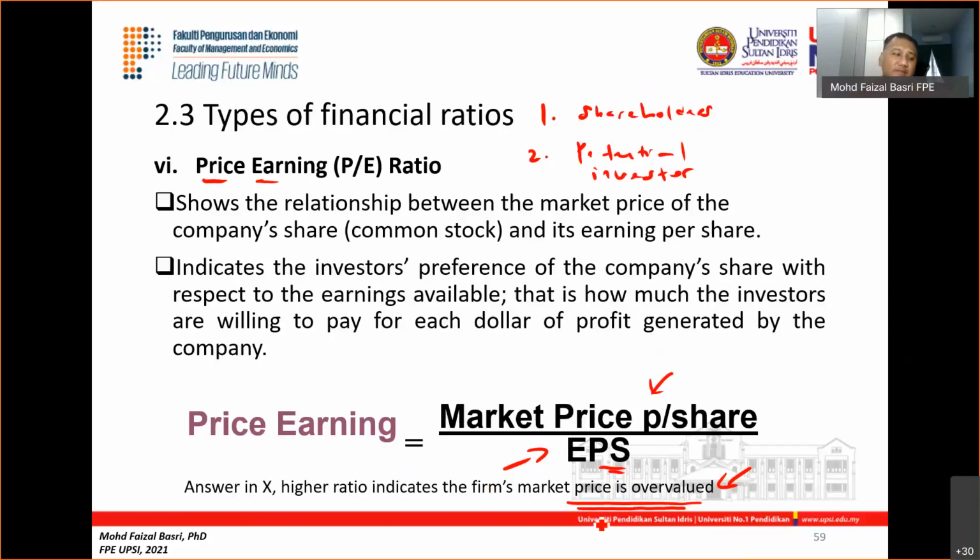But for you guys, what you need to do is to report whether it's overvalued or not. So you don't care about your shareholders or not. When you look at the ratios, you compare between A and B, for example. Whichever is higher, you can say that this is more overvalued as compared to the other one.